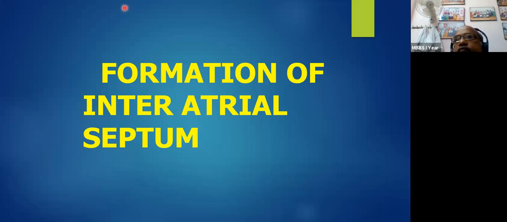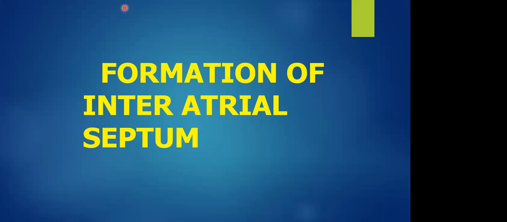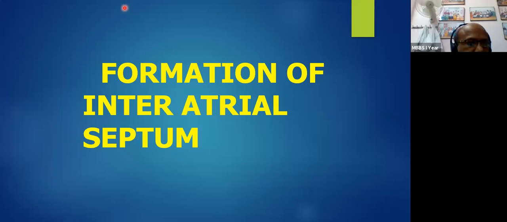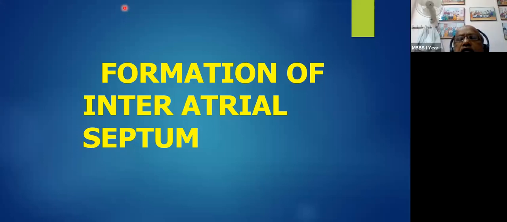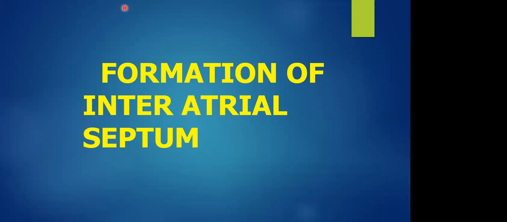Pranav, can you explain the septal wall of the right atrium? Yes sir, the first is the appearance of the septum primum. I am not asking embryology. Gross anatomy, what you studied, the septal wall.